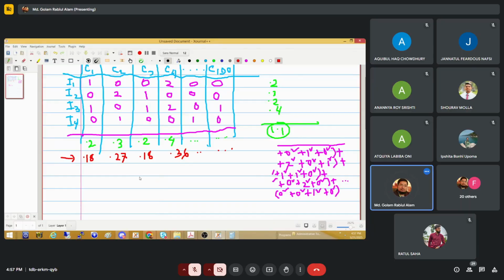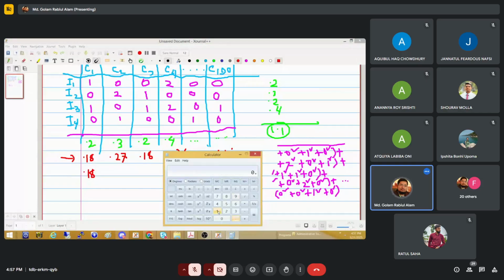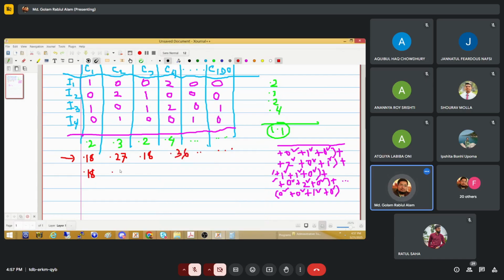This is the normalized probability distribution. Now we can think about the cumulative values of the normalized probabilities. This one is 0.18, and for the next one we get 0.18 plus 0.27, which is 0.45.